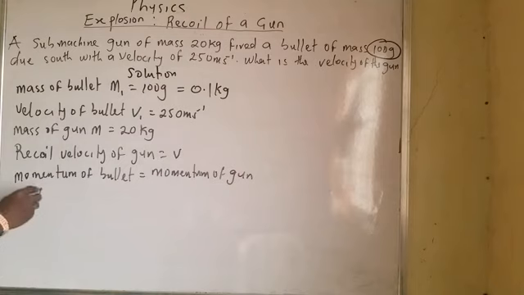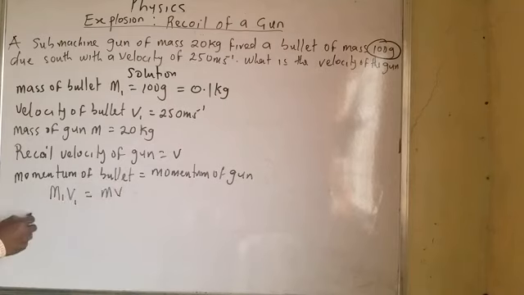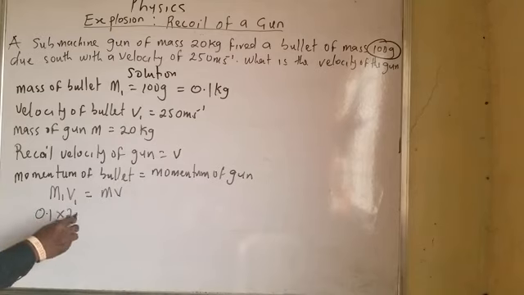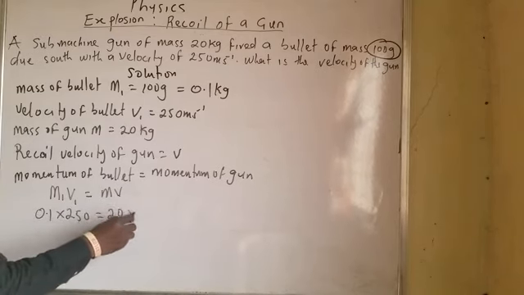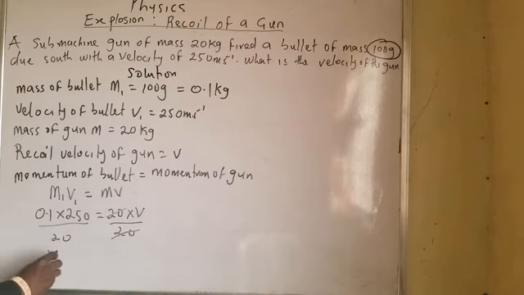It means m1 v1 equals M V, so 0.1 multiplied by 250 equals 20 multiplied by V. Dividing both sides by 20, V equals 25 over 20, which is 1.25 meters per second. That is what we need.